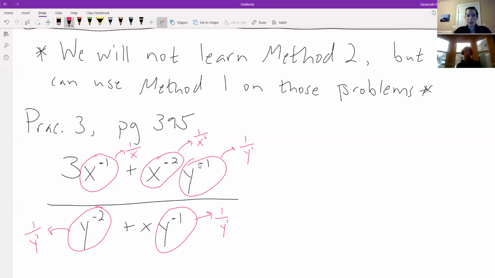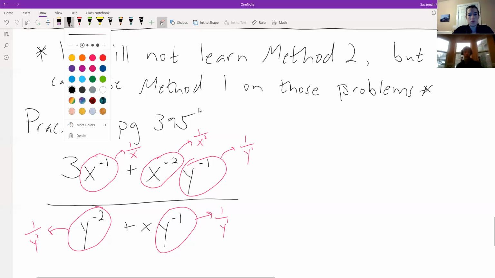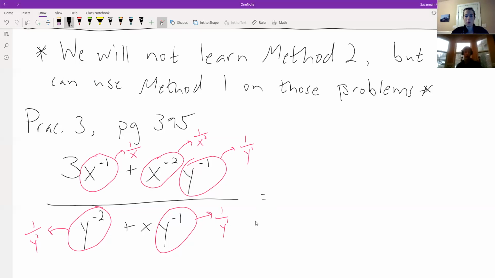Okay, so we've got something that looks like this, and the challenge before we even get to the algebra will just be in how we set this up. So I have a 3 right next to a 1 over x, so that very first expression is really 3 over x.